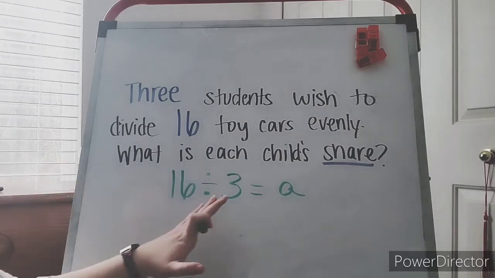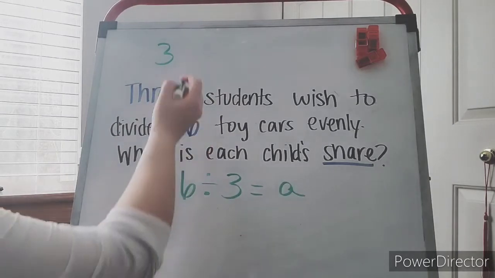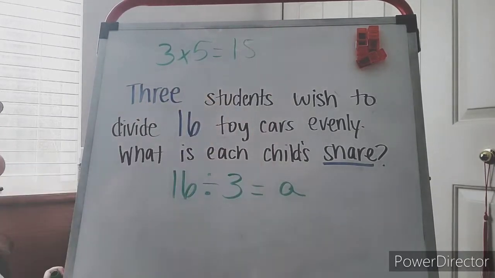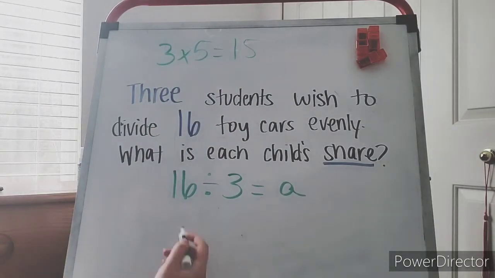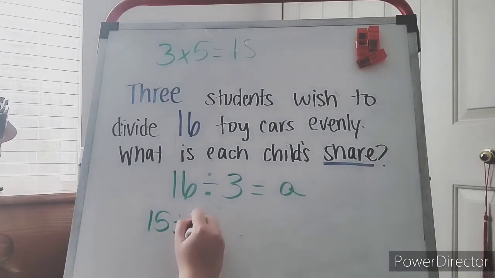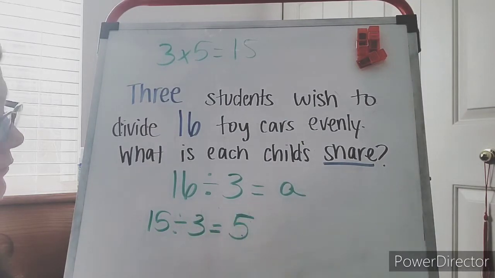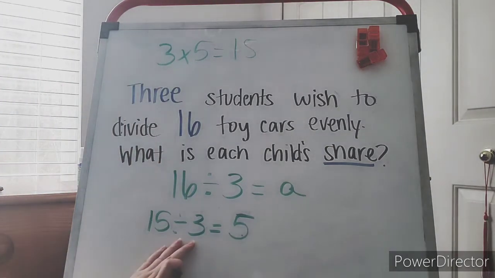So for example, if I know my 3's facts, let's say 3 times 5. 3 times 5 is 15. And that's about as close as I can get to 16. So I know that 15 divided by 3 equals 5. Right? 15 divided by 3 equals 5.